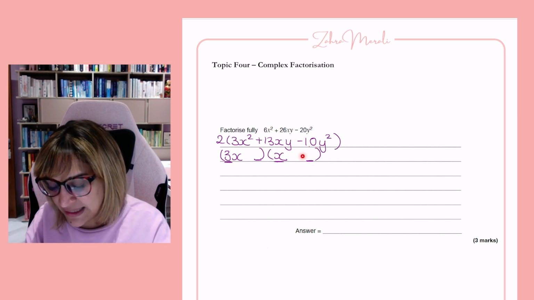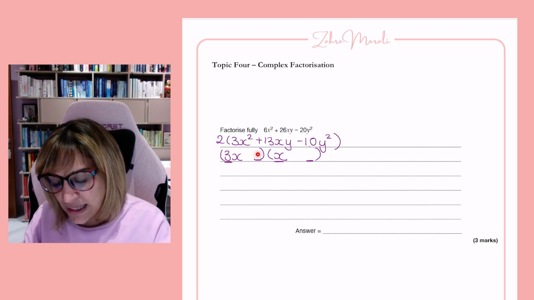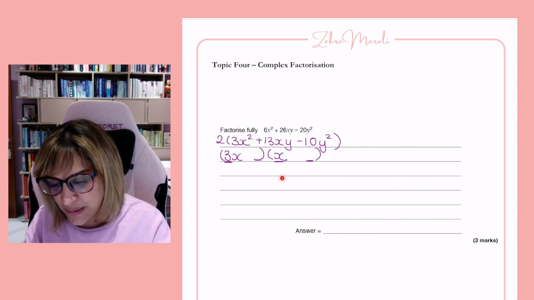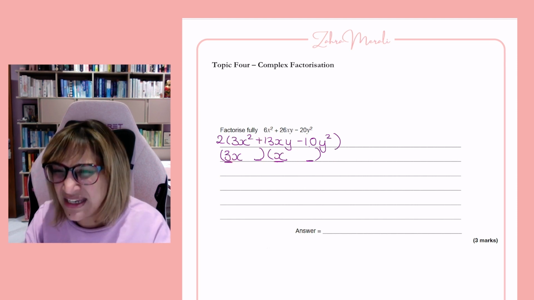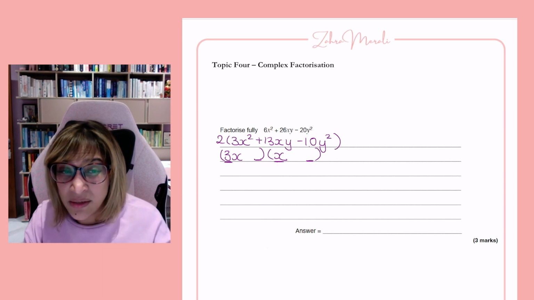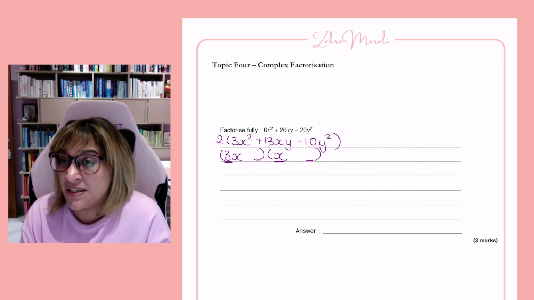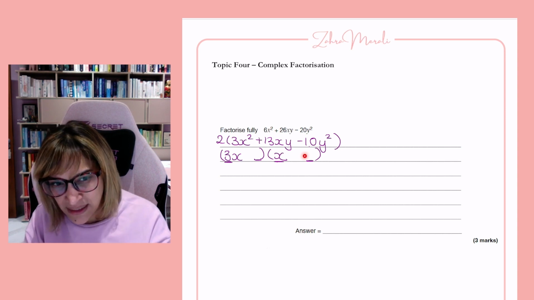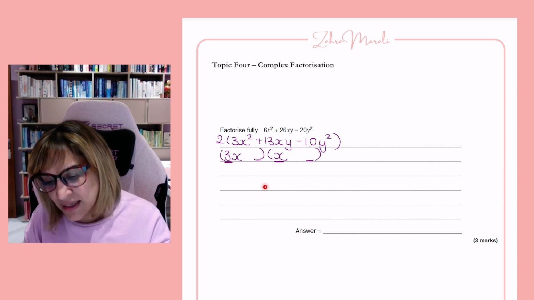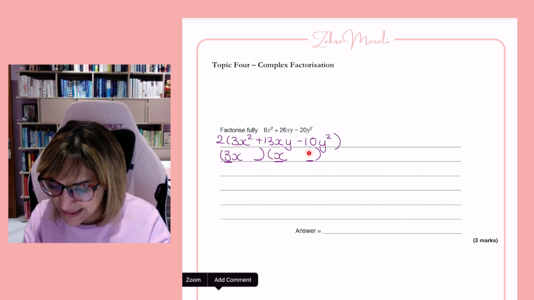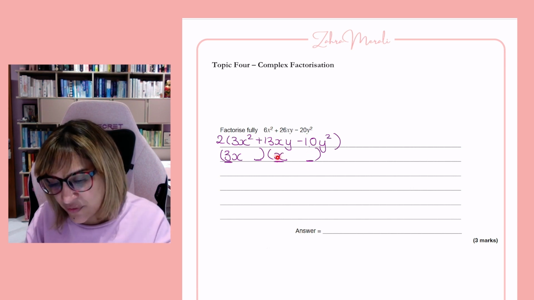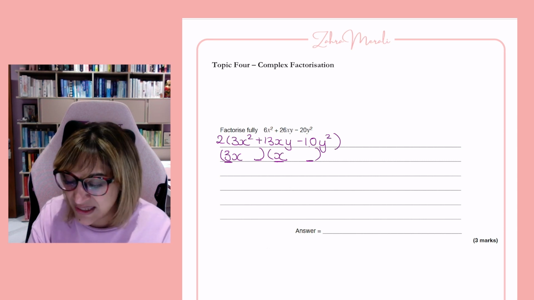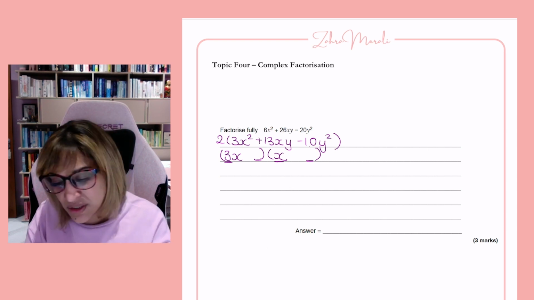Even if I had minus 10x, and then this would have to be plus, we're not going to get 13. So we know we're not using 10 and 1. Other factors of 10, 2 and 5. If I had a 2 here, 3 times 2 would be 6, and then 6 and 5 together are not going to give me 13. Let me try the other way round.